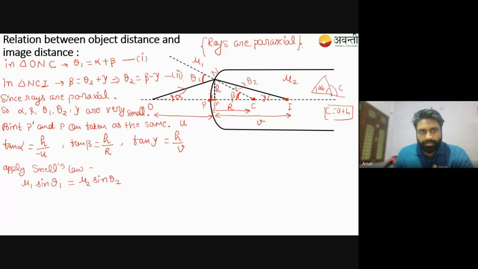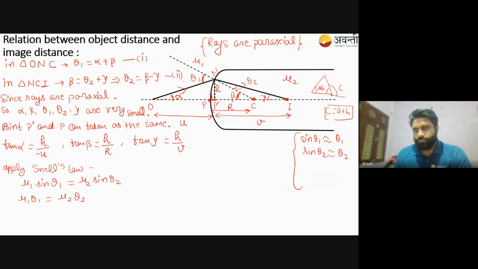Since these angles are very small, I am making the assumption here: sine theta 1 is considered as theta 1, sine theta 2 as theta 2. So it is mu1 theta 1 equals mu2 theta 2. Put the values of theta 1 and theta 2 from equations 1 and 2. It is mu1 times alpha plus beta equals mu2 times beta minus gamma.